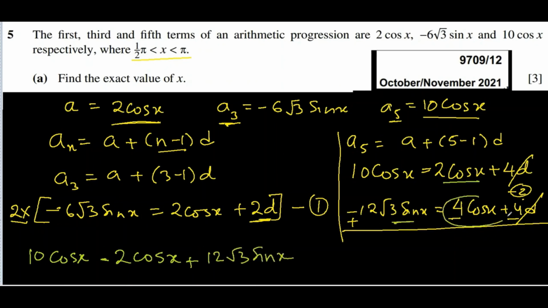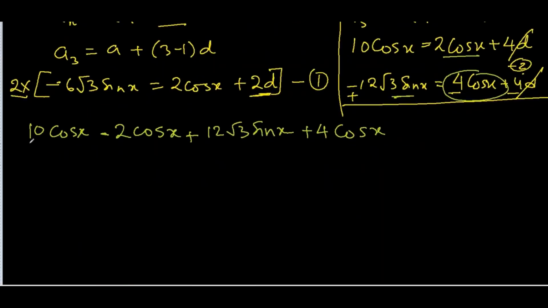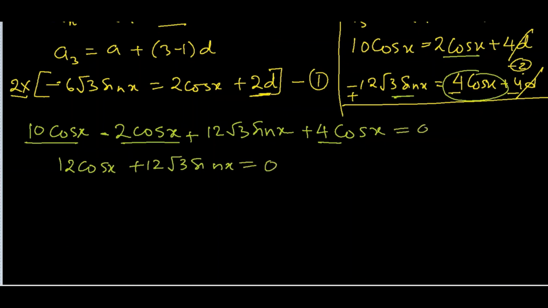But this minus 4 cos x, when it comes to the left side, becomes plus 4 cos x, right? And now 10 minus 2 is 8, 8 plus 4 is 12. So 12 cos x plus 12 square root 3 sin x equals 0. Nothing was left on the right side.